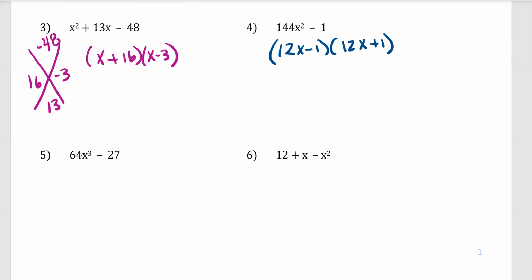Number 5, you have 2 terms. They both are perfect cubes. The cube root of 64x cubed is 4x, because 4x times 4x times 4x is 64x cubed. And the cube root of 27 is 3, because 3 times 3 times 3 is 27.